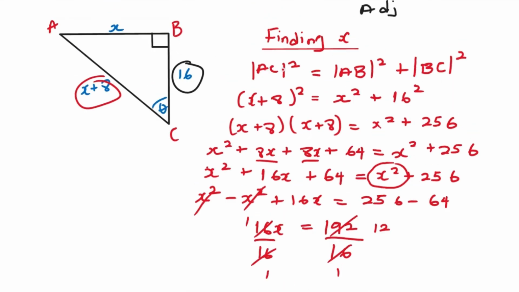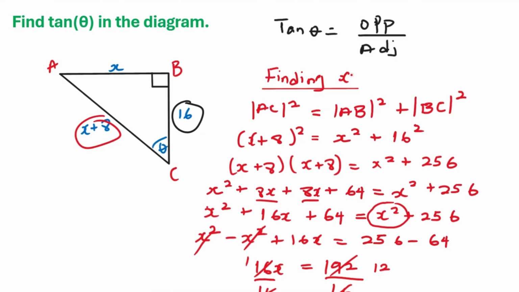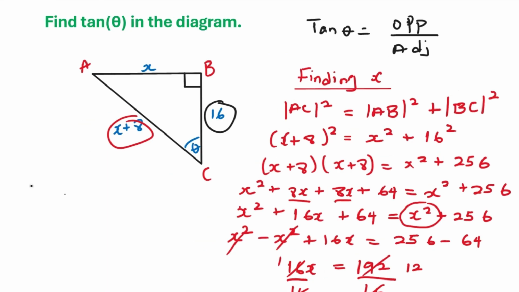So we can find tan theta now that we have the value of x. So let's get that one here. Okay, so this implies that tan theta is equal to opposite, and opposite is x, on adjacent is 16.